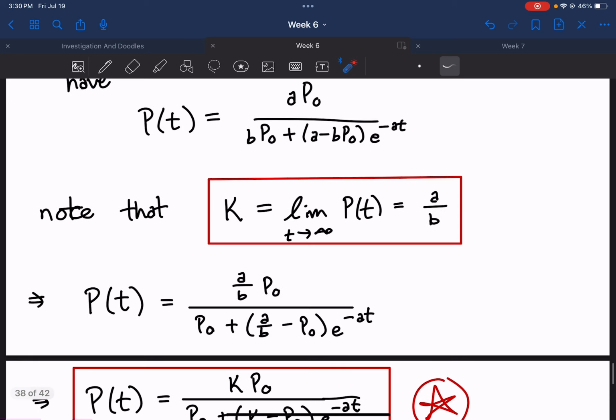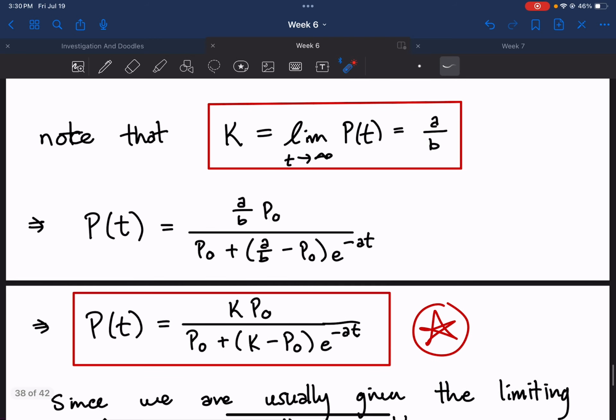We can normalize this a little bit by dividing down here by b, dividing up here by b. We get (a over b) P naught over (P naught plus (a over b minus P naught) e to the negative at). And this is now our K. Remember that K is the limiting value of the population.